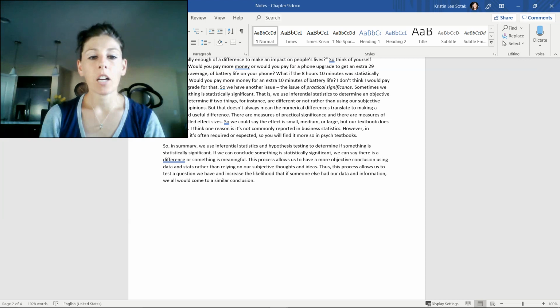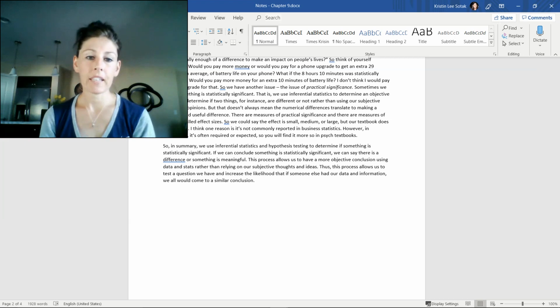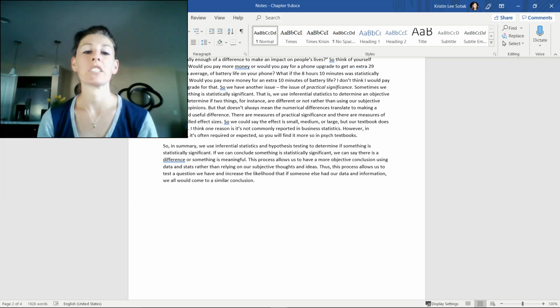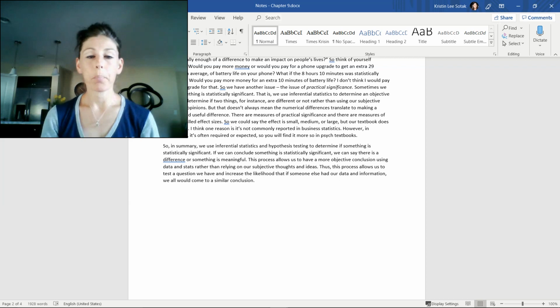So again, in summary, we use inferential statistics and this whole concept of hypothesis testing to determine if something is statistically significant. If something is statistically significant, basically we can say, yes, there's a difference. There's an effect. We found something that's meaningful. The process allows us to have a more objective conclusion using data and statistics rather than relying on our subjective thoughts and ideas.